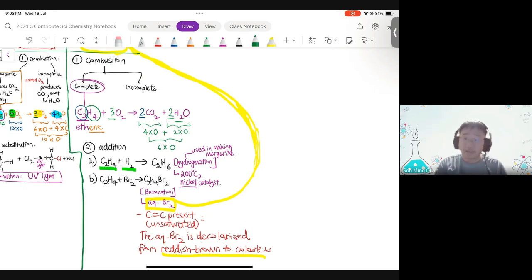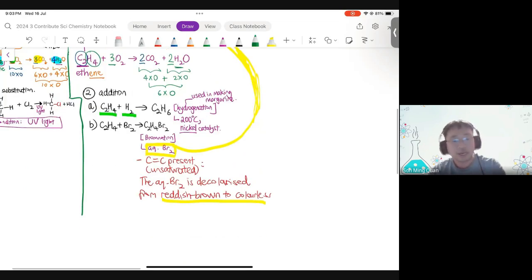So that's the second type of addition reaction. It's still addition, but now you're adding bromine. So we have seen adding hydrogen, we have seen adding bromine. The one with bromine is particularly useful because there is a color change from reddish brown to colorless. So it's very, very easy to tell, hey, if the aqueous bromine is decolorized, then there is a carbon-carbon double bond present.